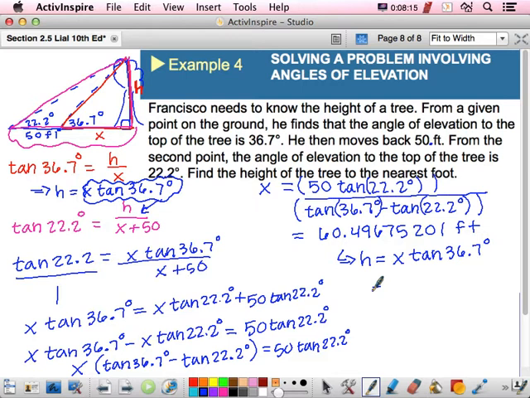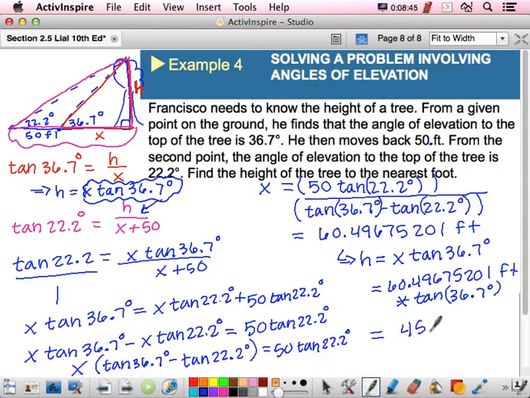And if I just multiply that out, 60.49675201 feet times the tangent of 36.7, that gives me an h value of about 45.1 something.